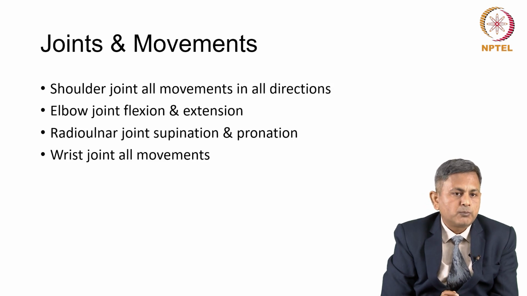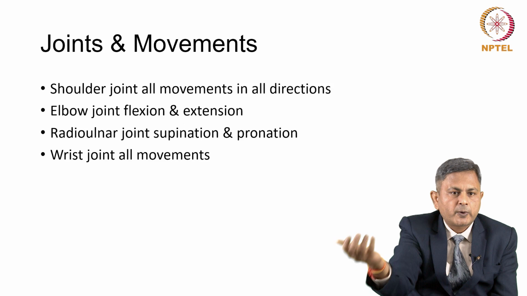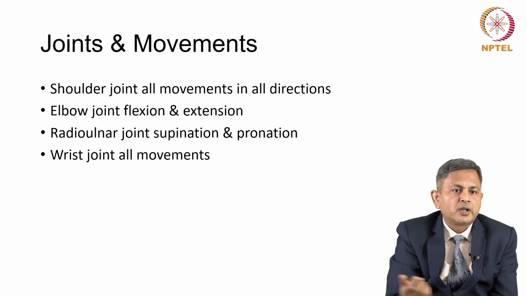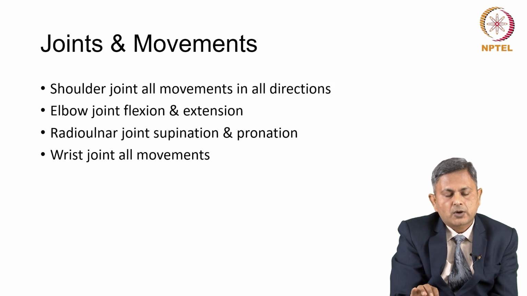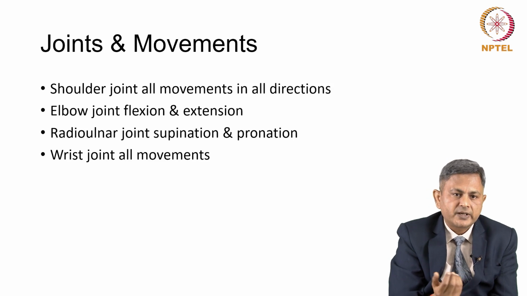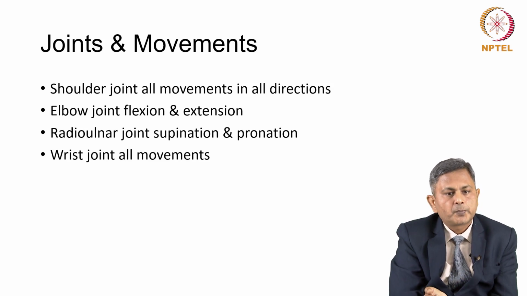Then comes the elbow joint. The elbow joint generally provides two movements, that is flexion and extension. The radioulnar joint provides supination and pronation. And the wrist joint again provides flexion, extension, and circumduction.